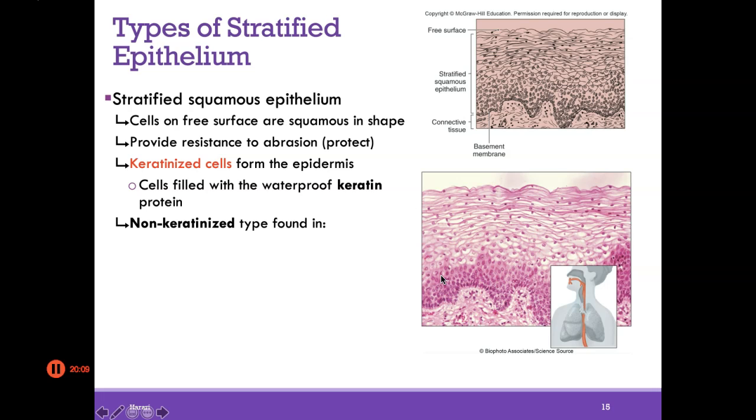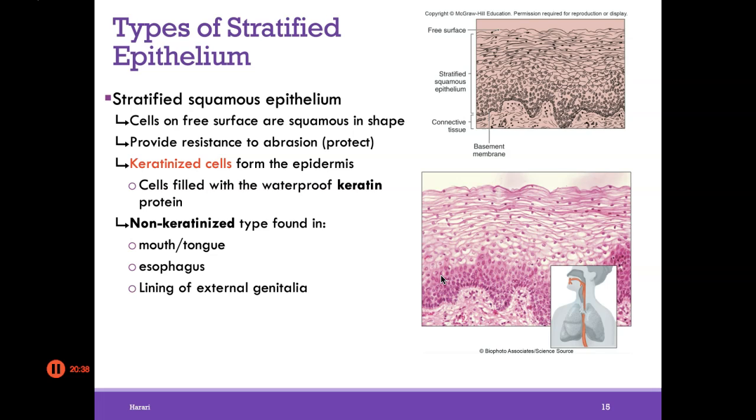So the skin on the outside of your body is called a cutaneous membrane. That's composed of stratified squamous epithelium that is keratinized. We have non-keratinized stratified squamous epithelium as well. We see those more in the mouth and tongue, and the esophagus, and the lining of external genitalia.